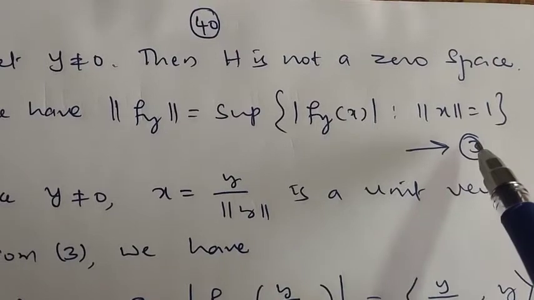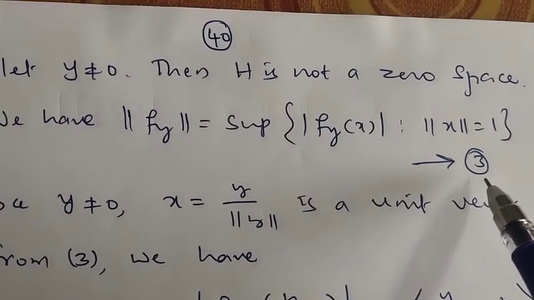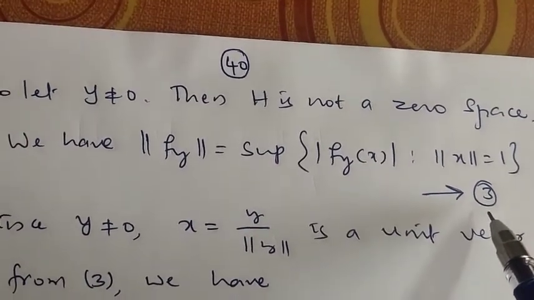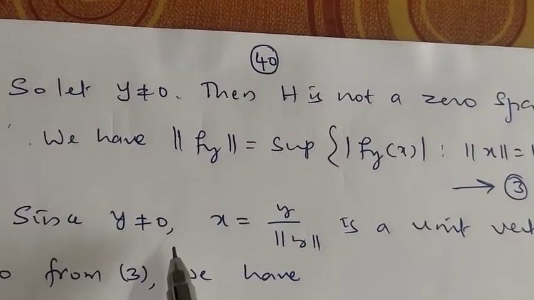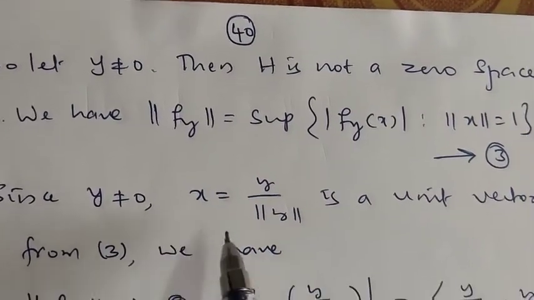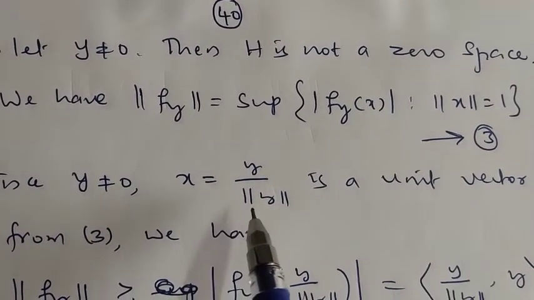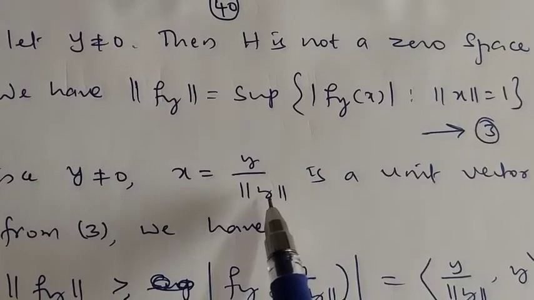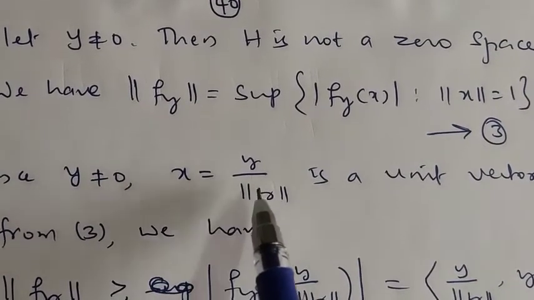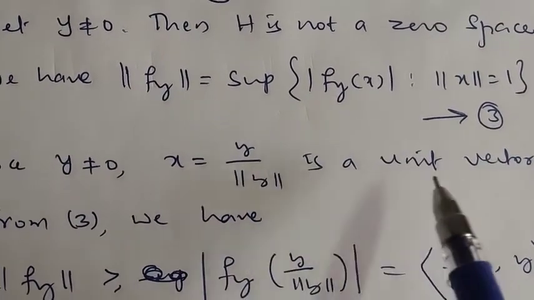This you also know by equivalent norms. You call this number 3. Now y is not 0, which means the vector x formed by y by norm of y is definitely a unit vector, because the norm of x is norm of y by norm of y, which is 1.